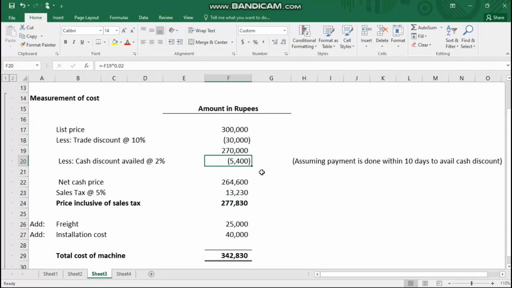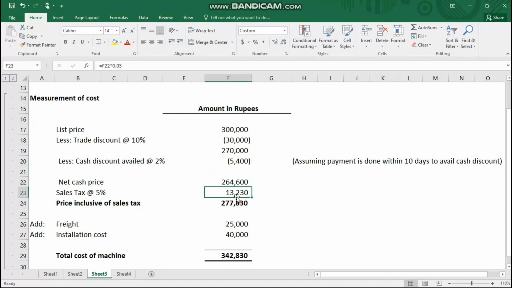So in order to compute the cost, we need to deduct all the discounts, whether it be trade discount or cash discount. So this is the cash discount, and then we have the net cash price.